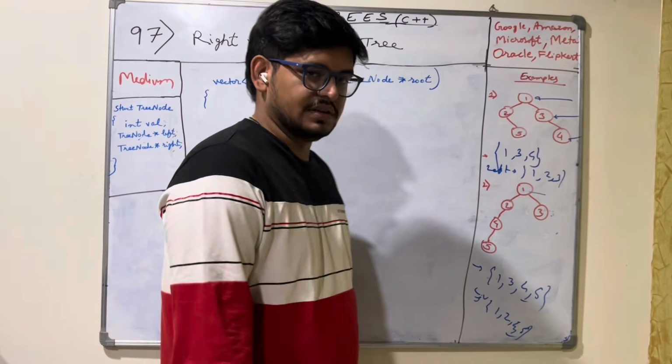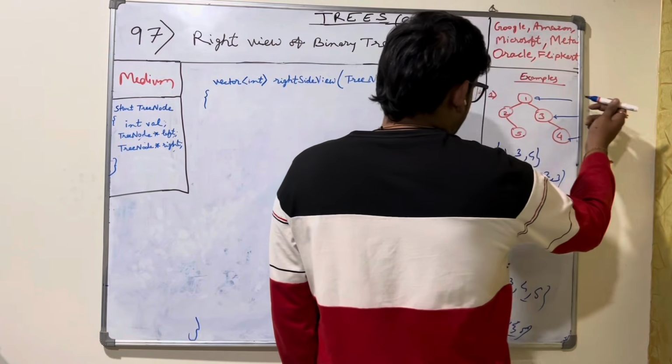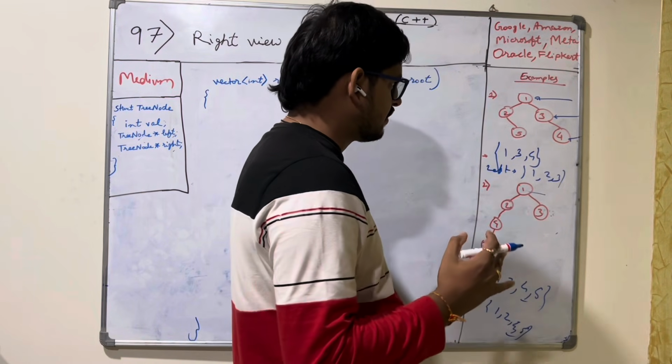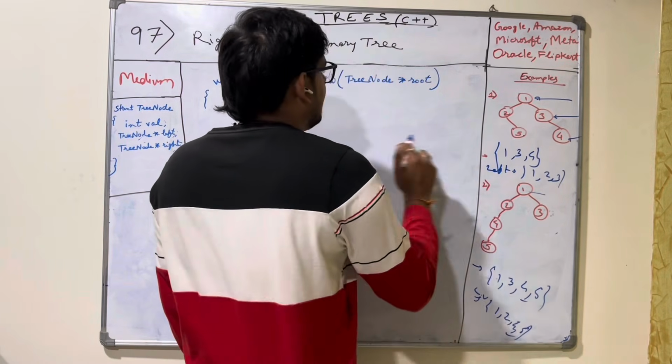Now how do we solve this? If we want to find the right view, you can think that we keep on traversing the right side.